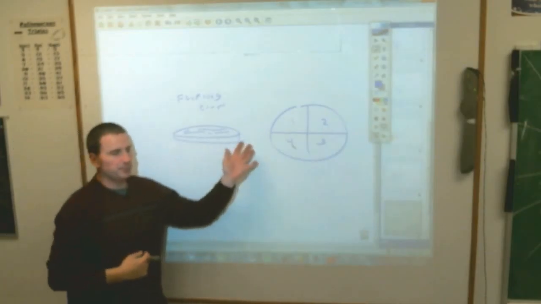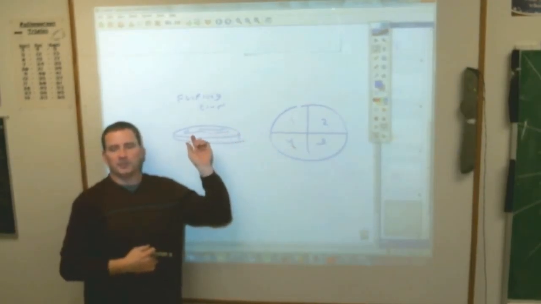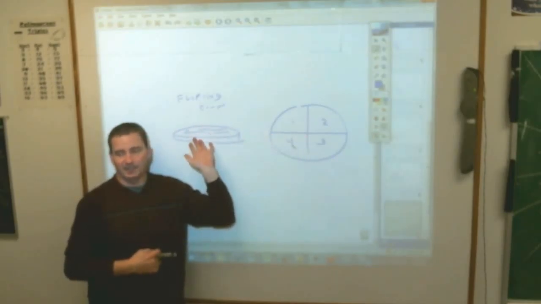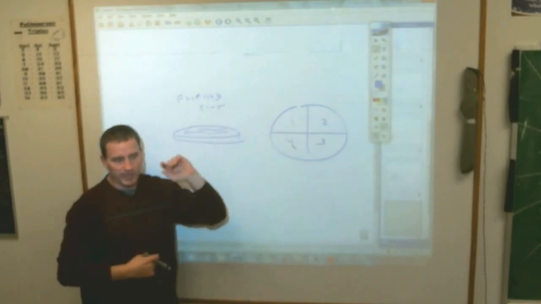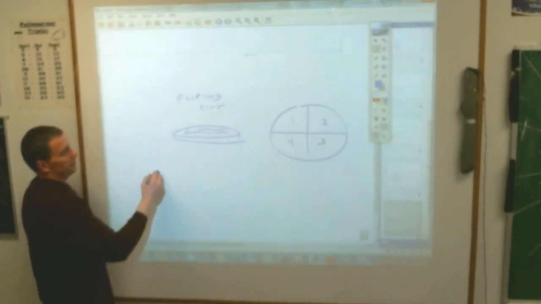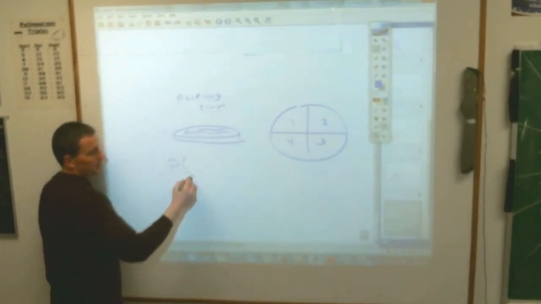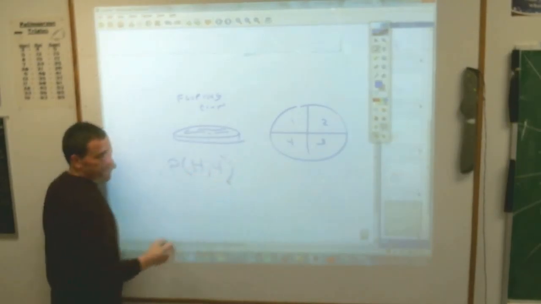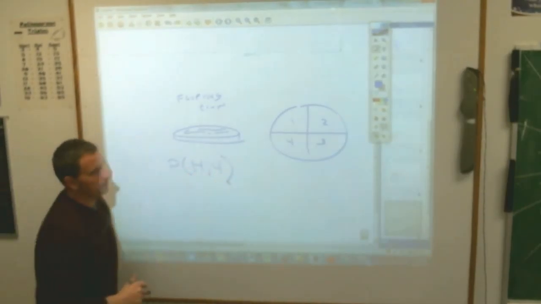These two are independent events, which means when I flip a coin, it has absolutely nothing to do with spinning the spinner. Like if I get a head on that, that's not going to change what my probability is for that.